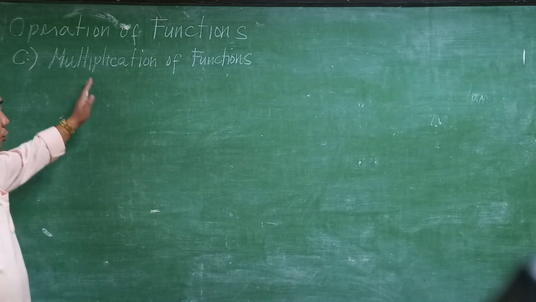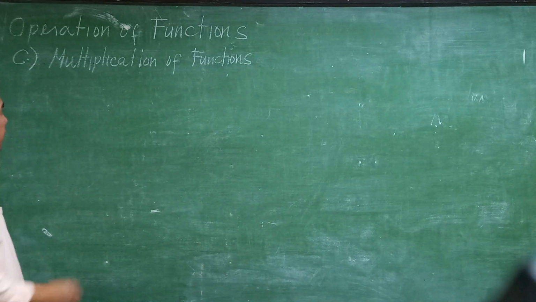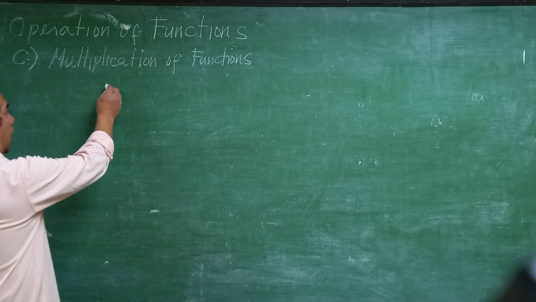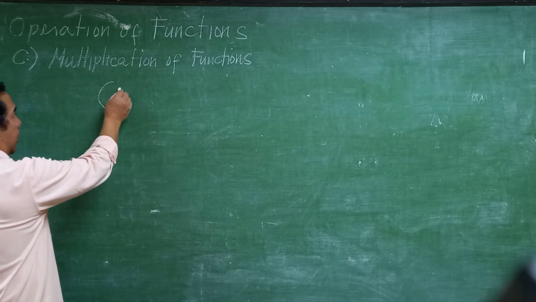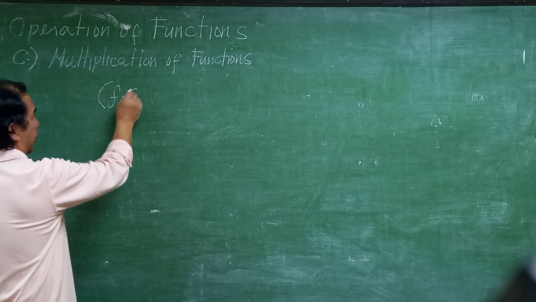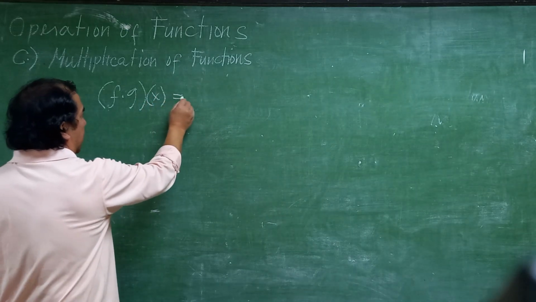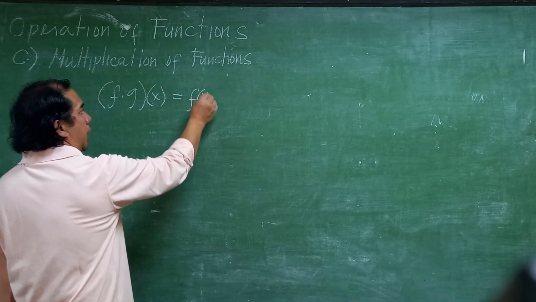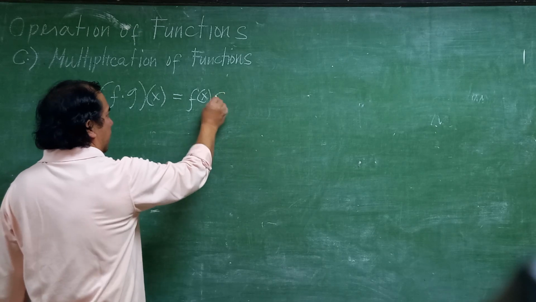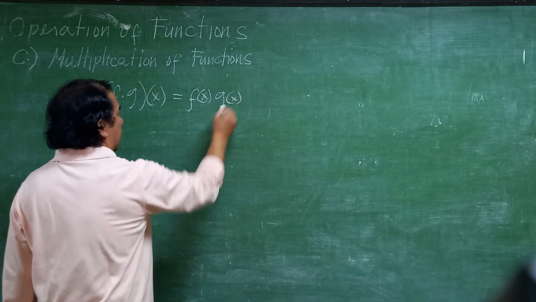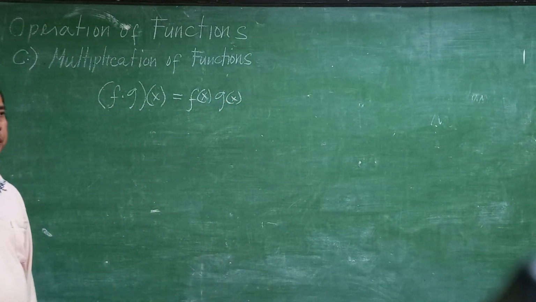In the multiplication of functions, definitely we have to have this notation. The product of f function and g function of x will always be f of x then g of x. Okay, so that will always be the result.